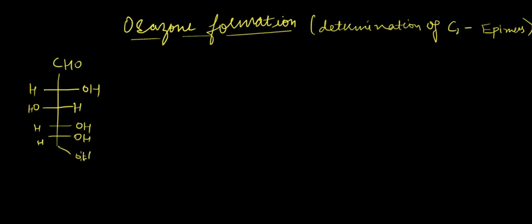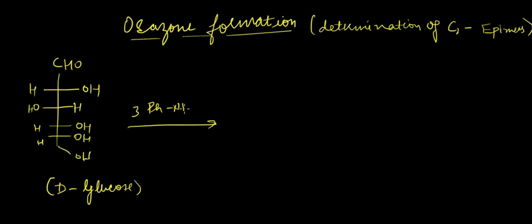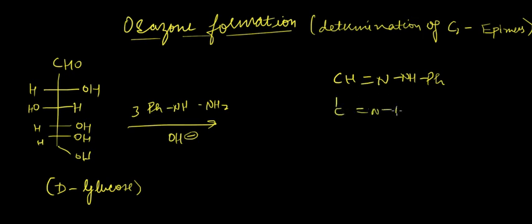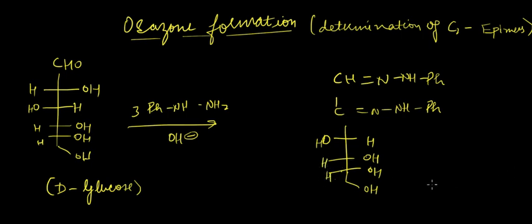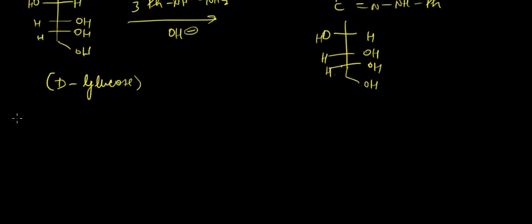Now when we pass it in basic medium and in presence of 3 moles of PhNHNH2 in basic medium, what will happen is we will get something like this, Ph here, and then the rest of the structure remains the same. Okay, so let's discuss the mechanism for the same.